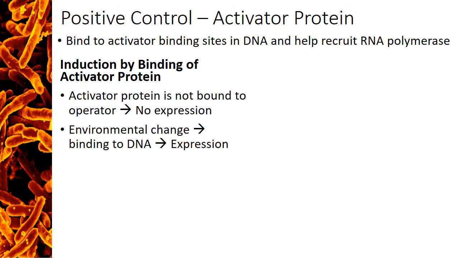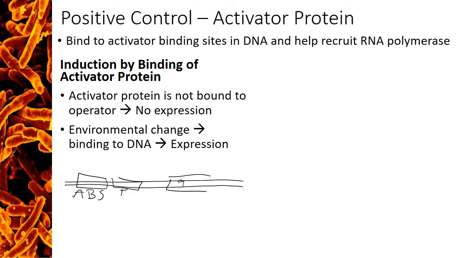In gene induction, the activator protein starts off not bound to the DNA. And so we have our DNA here. Remember, we have our promoter region, and here we have our activator binding site. Down here is the gene itself. So in this instance, there is no activator protein bound, so the activator protein is over here somewhere floating in the cytoplasm.